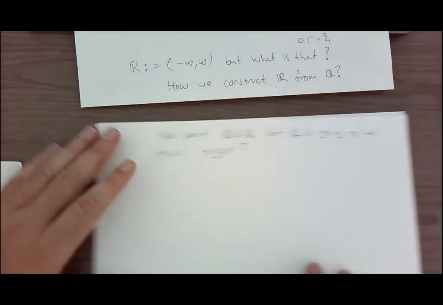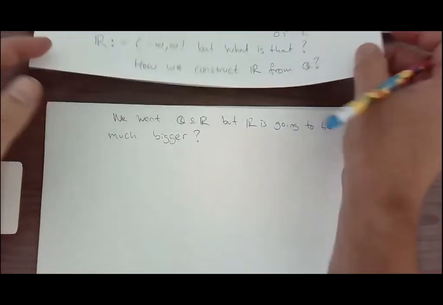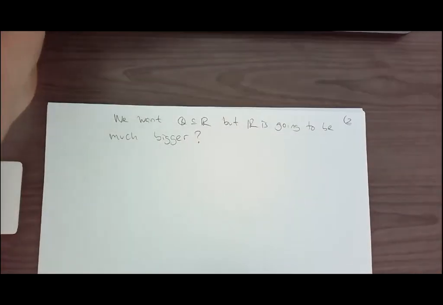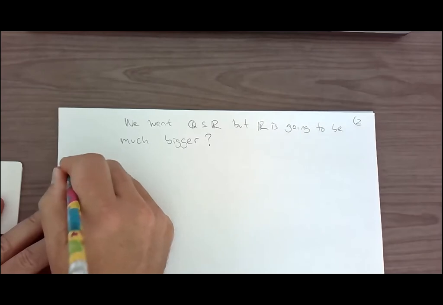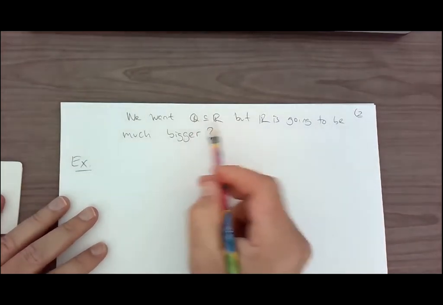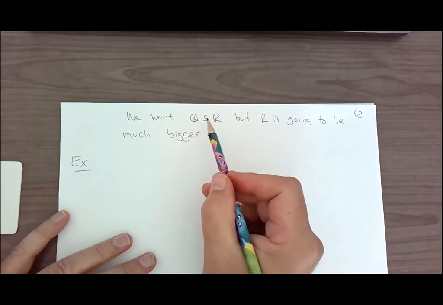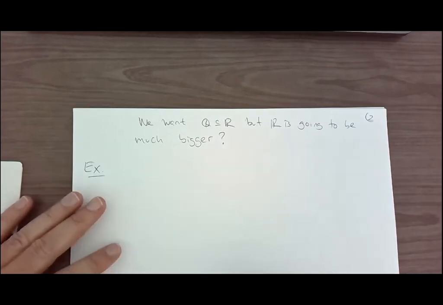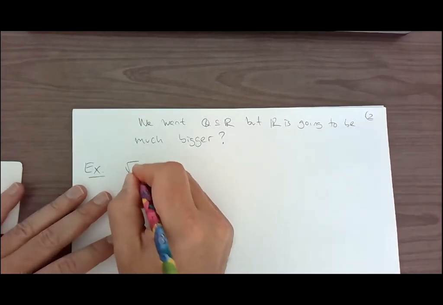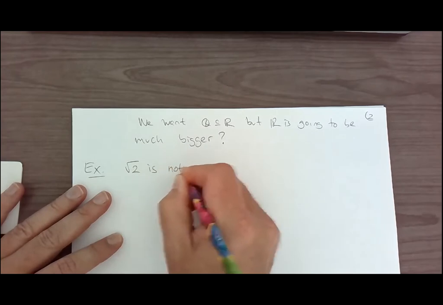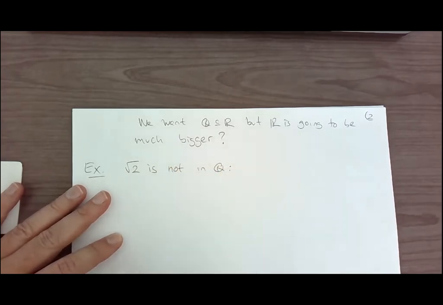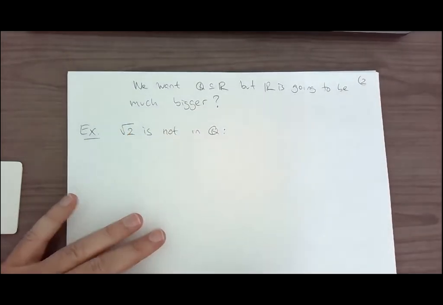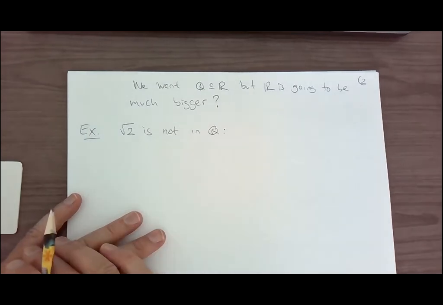The example is also in the book, and there's a similar example in the homework, and you've probably already seen it. Nevertheless, let's look at an example that illustrates why we don't just want to have Q. Why is it that we want to enlarge Q to something bigger? One example is to say that the square root of 2 is not in Q. This is a quantity that we don't have in Q.